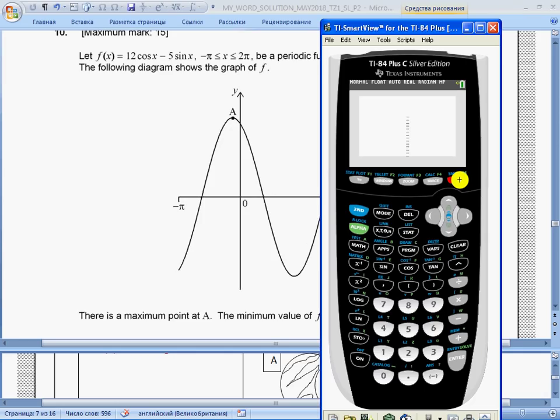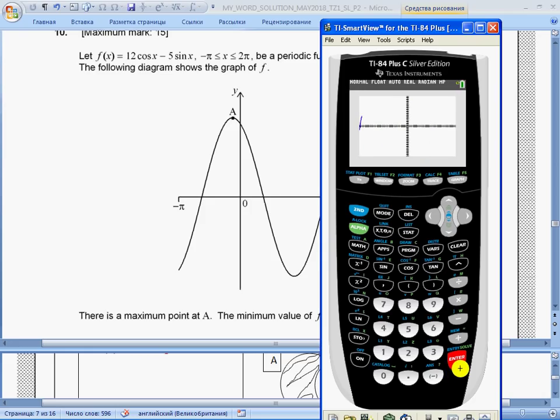Let us draw it. We should zoom in, zoom out. No, first zoom. Zoom out 3.